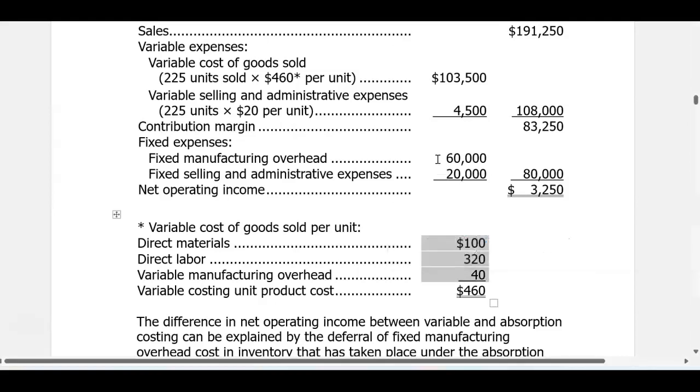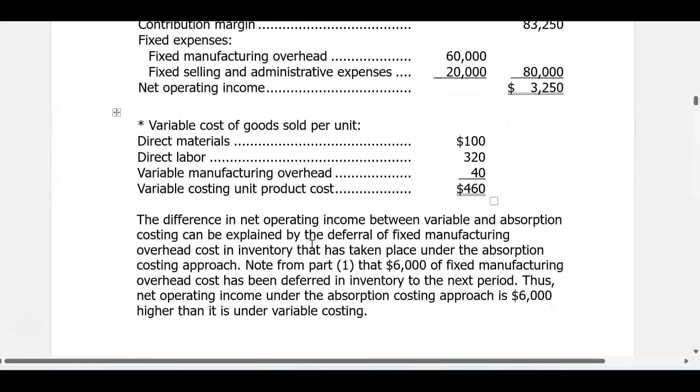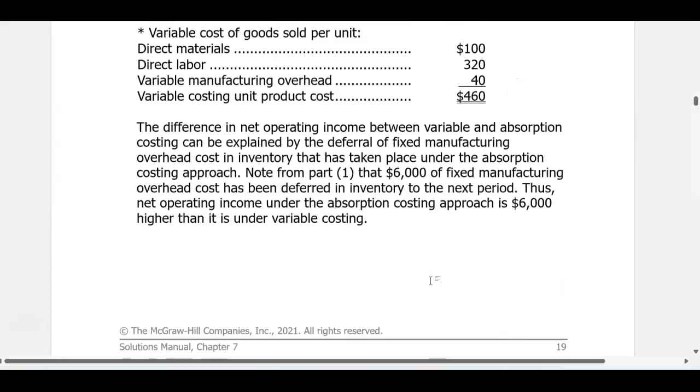All the fixed expenses are already absorbed and expensed in the income statement. So here is whatever I was trying to explain. You can read it again if you like.